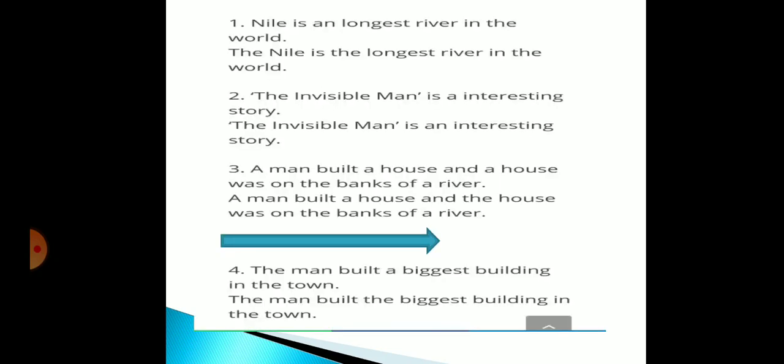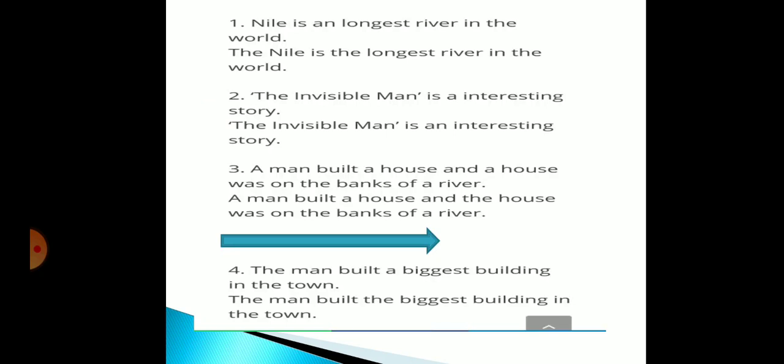Your first sentence is, Nile is an longest river in the world. In this sentence, they have used an before the superlative degree. Here you have to use the definite article. The Nile is the longest river in the world. Second one, the invisible man is an interesting story.